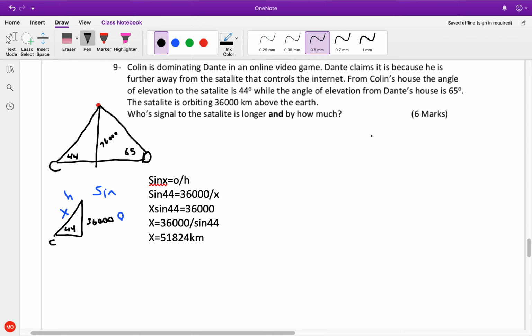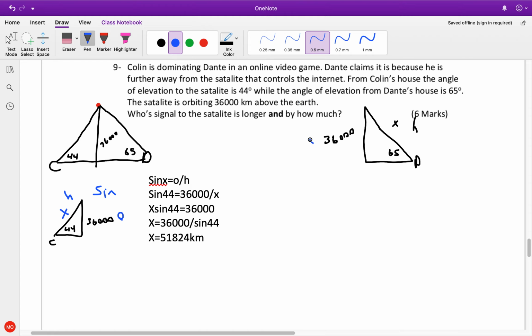So let's redraw Dante's over here. So Dante's there, we have this, this. This is 36,000. And we're looking for this, which is our hypotenuse, and this here is 65. So what do we have?